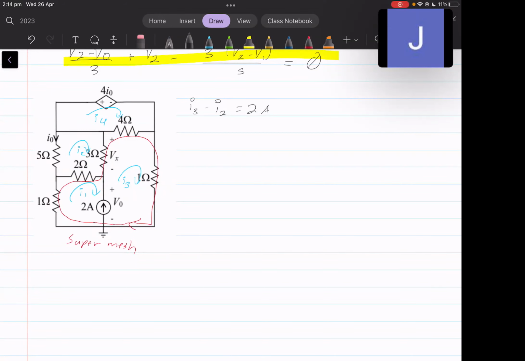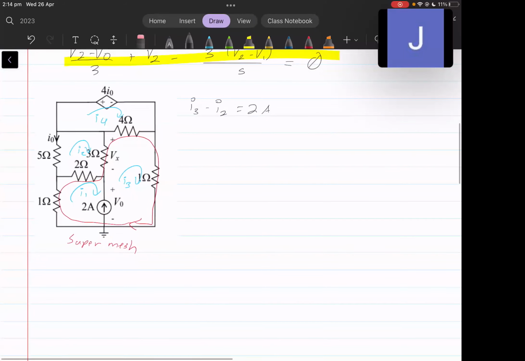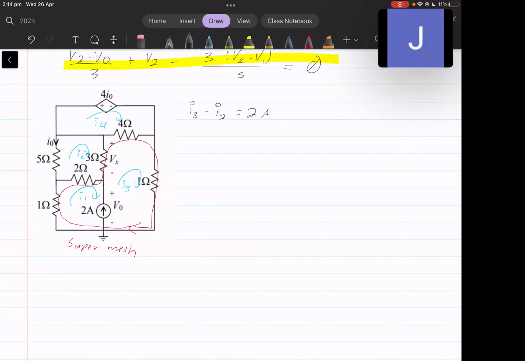So hopefully if I just go through the super mesh, it'll start to make a bit more sense. If we define just looking clockwise and just adding up all the voltages, we know that I1 times 1 will be the voltage across the 1 ohm resistor. Then we have 2 times I1 minus I2. That's 5.